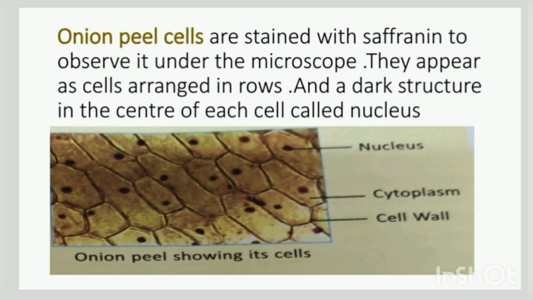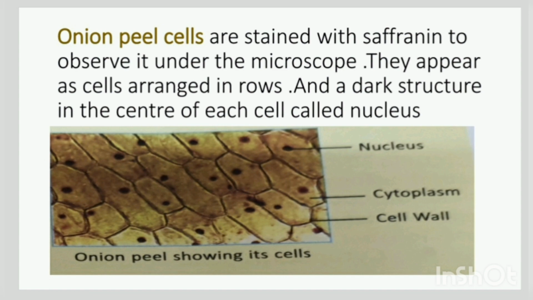The cells of the onion peel have a particular shape, that means the shape is nearly fixed, which was not the case with the cheek cells, which were of irregular shape. We can see the cell wall, the cytoplasm and a dark colored center, which is called the nucleus.